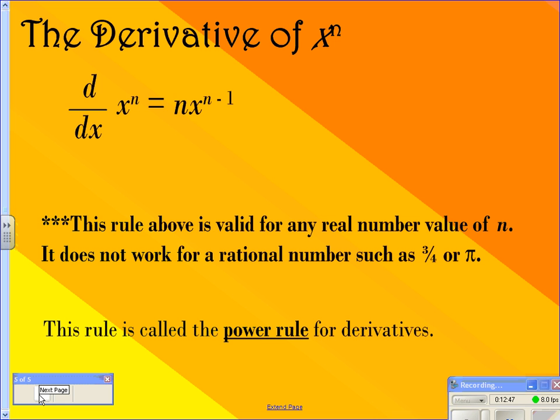It is the derivative of x to the n: n times x to the n minus 1. It's valid for any real number n, but not an irrational number like pi.